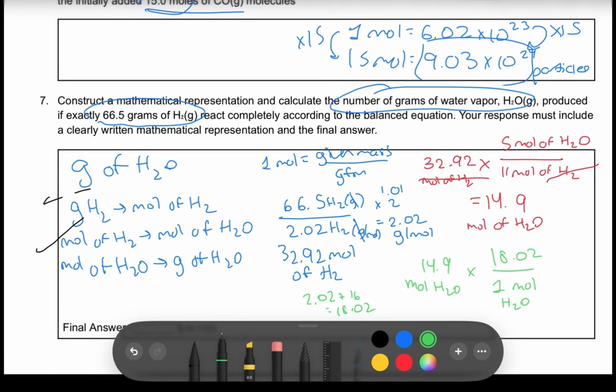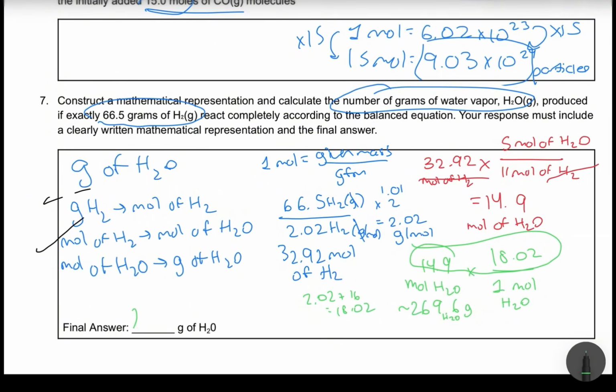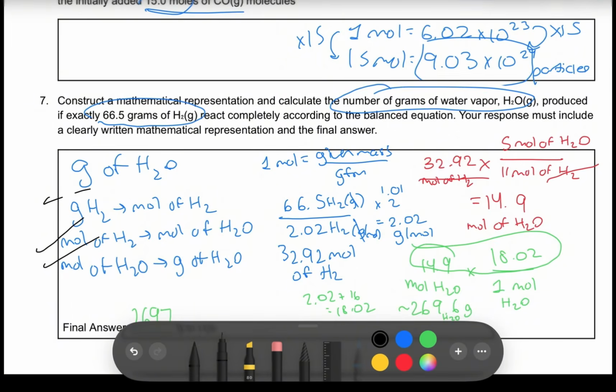When we multiply these two together, we're going to get around 269.6. However, since I did round early on, if you actually do this entire process in one go on the calculator, you're going to get around 269.7. So I'm going to write 269.7. And that is all of the steps.